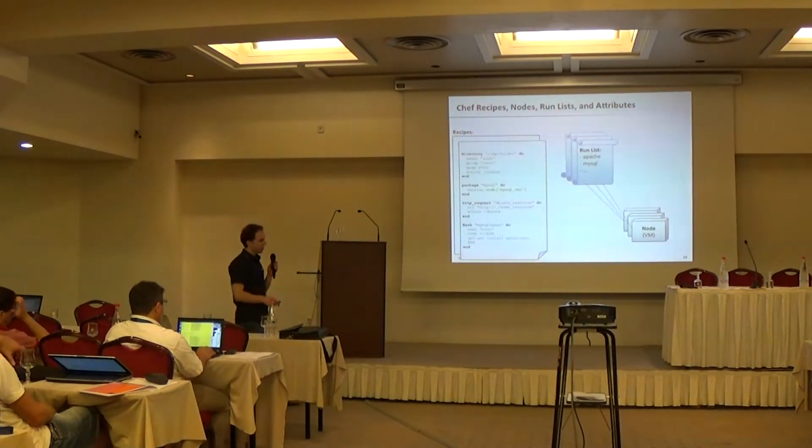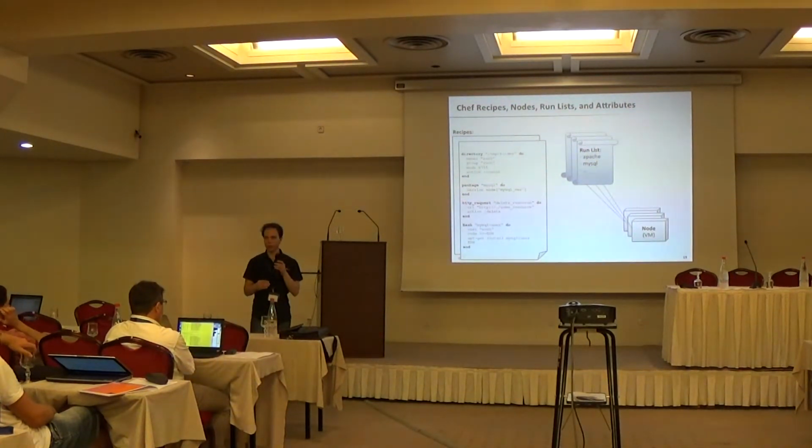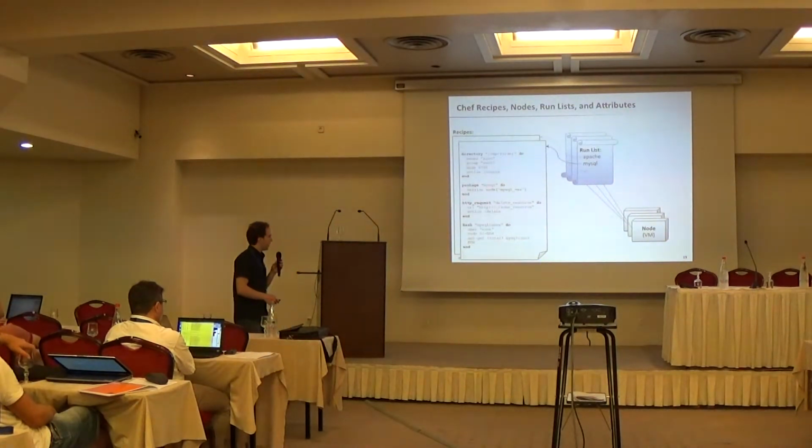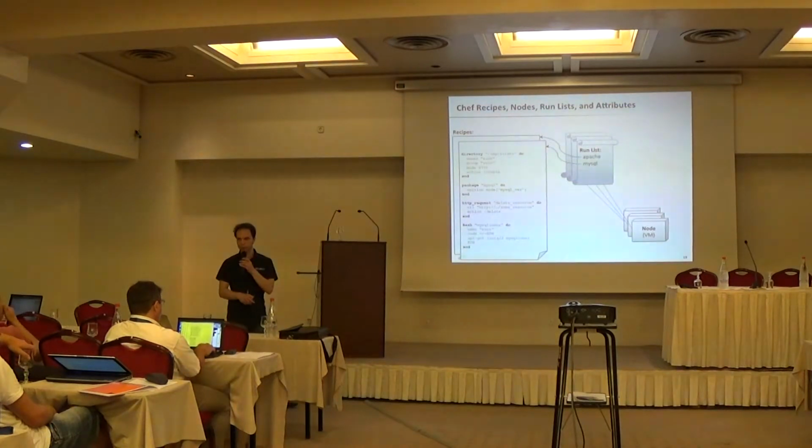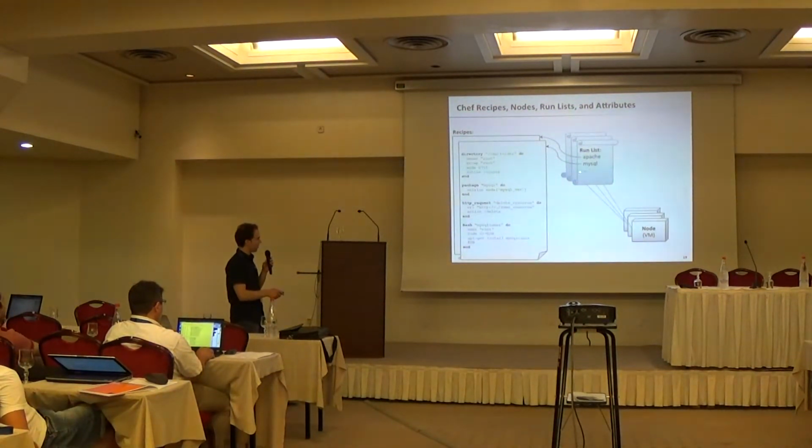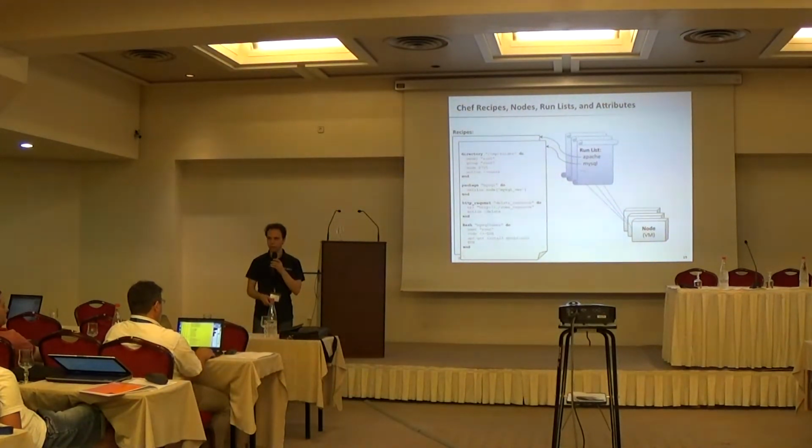The run list tells which scripts have to be executed on which machine, and it refers to the recipes that have been implemented before. So you can say, on this node, I want to install Apache and MySQL, and then the Chef server takes care that these two recipes are executed accordingly.